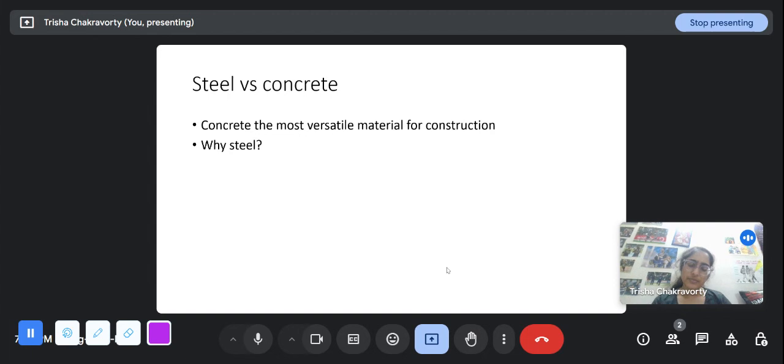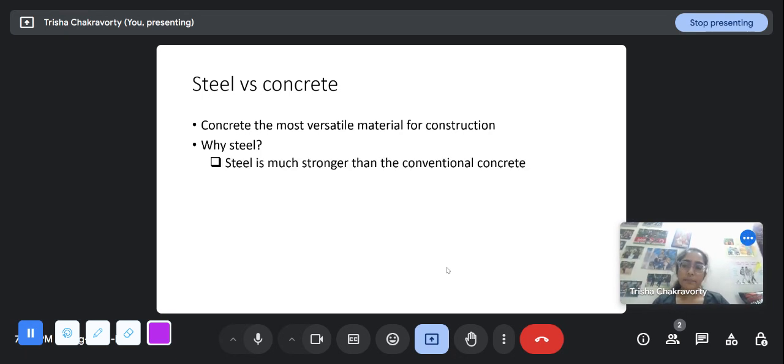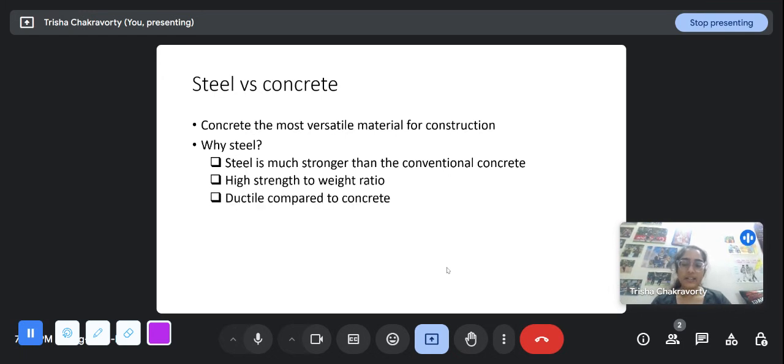We have previously looked at design of concrete structures, and now steel. Why do we use steel at all? Concrete is the most versatile material for construction, and the majority of the buildings we see around us are made of concrete. But steel is much stronger than conventional concrete. It has a high strength to weight ratio. That is, steel structures are very lightweight, and steel is ductile compared to concrete.